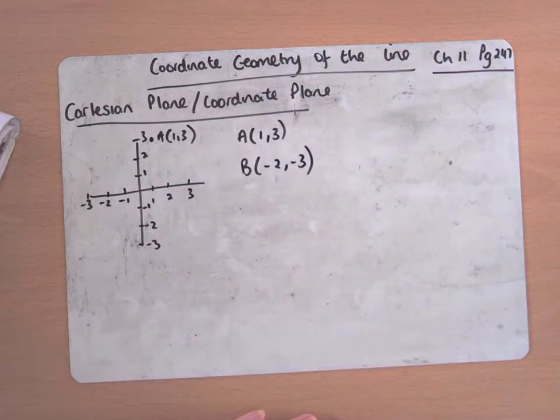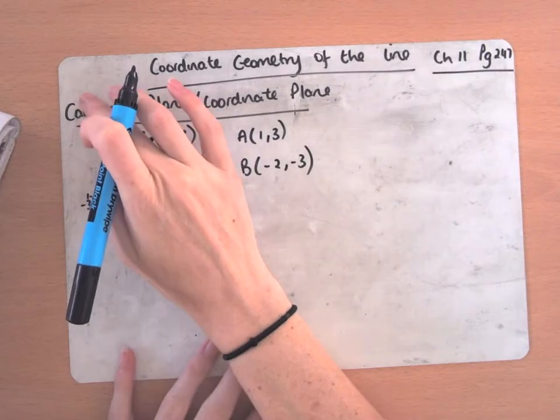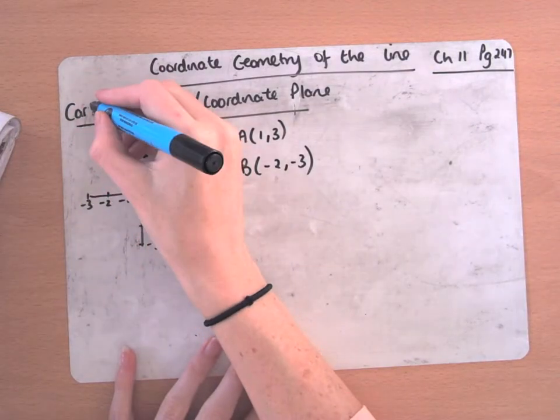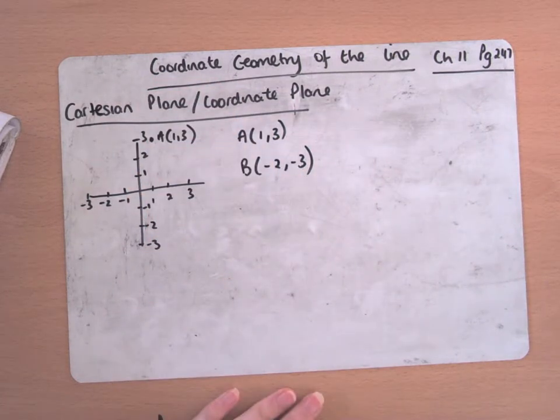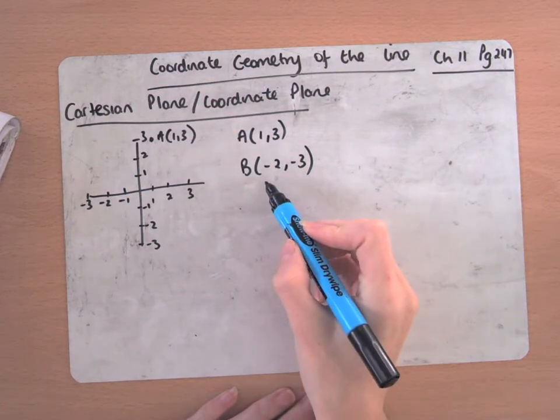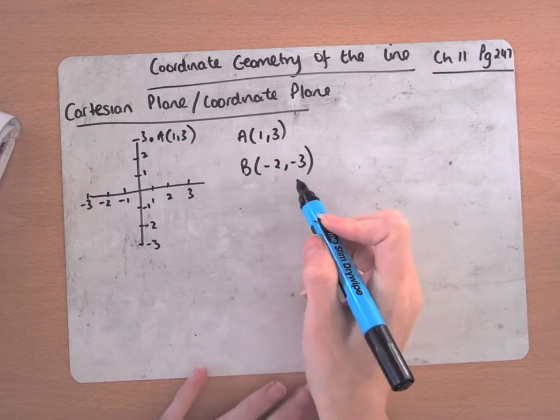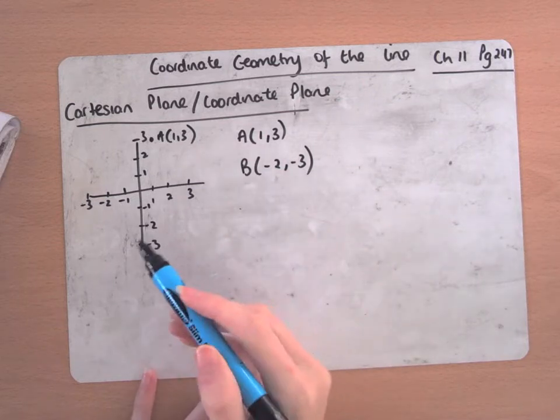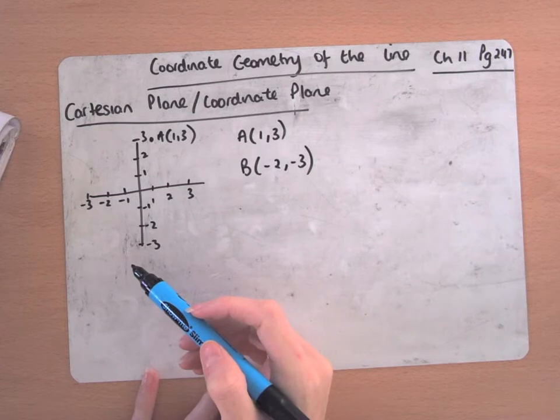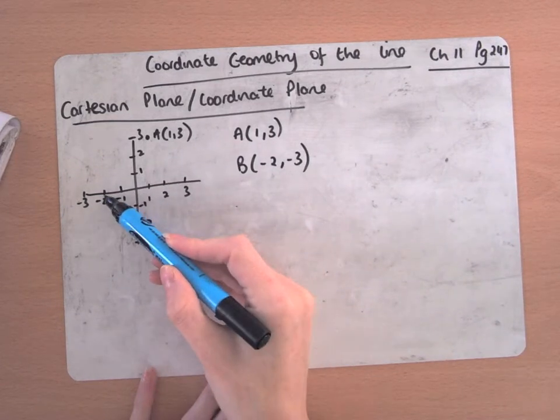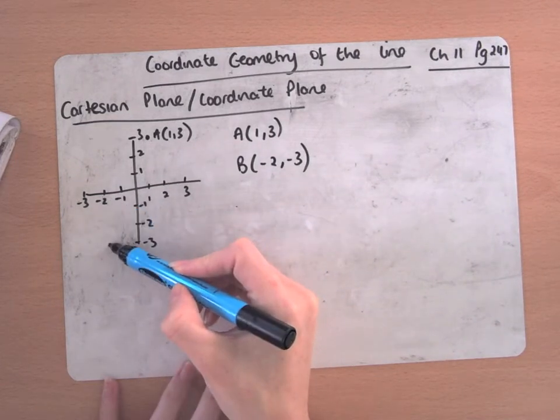Minus 2, minus 3. Where do I go? Over to minus 2, down to minus 3.